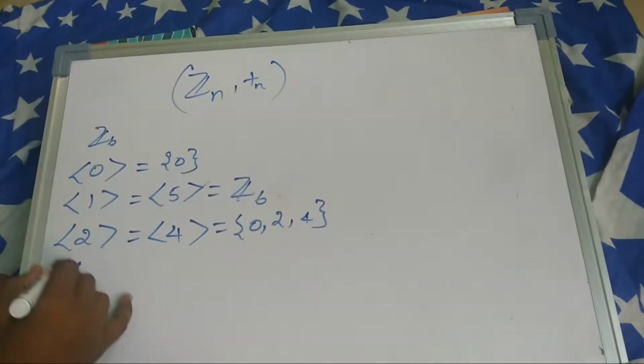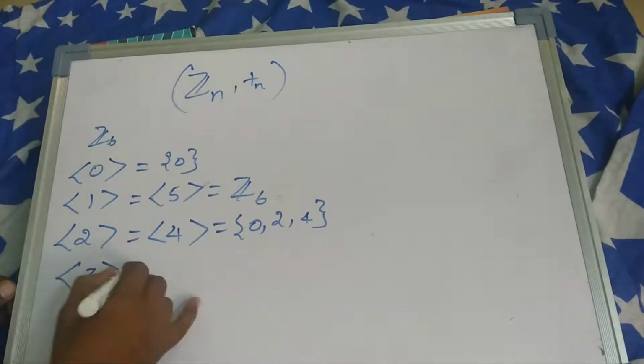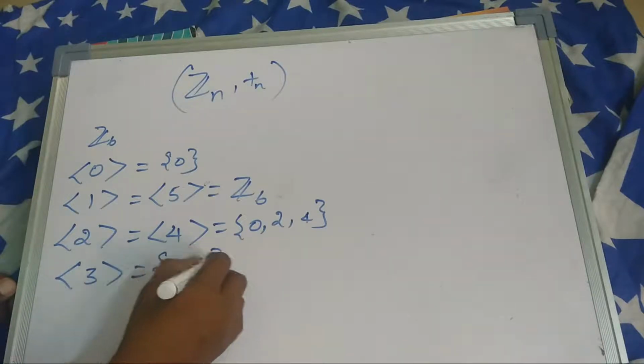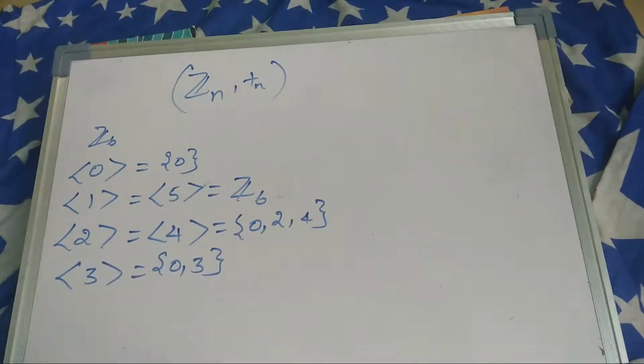And the subgroup generated by 3 is equal to {0, 3}. Now, these are cyclic groups. Here, especially in Z6, we have a very clear property.